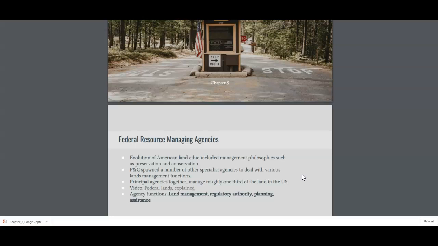In addition to the agencies that you all are covering for the presentations, there are also other agencies like the Environmental Protection Agency. Dennis doesn't talk about the EPA very much in his chapter, but there is a little bit of information that I'll talk about in a little bit.